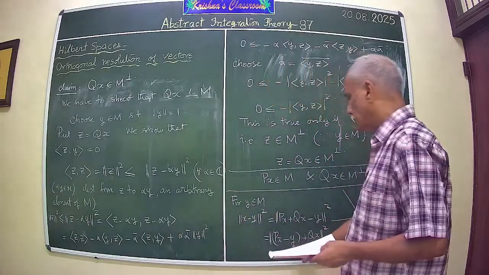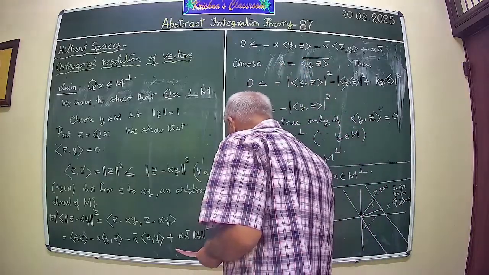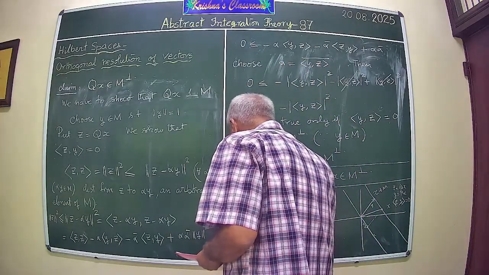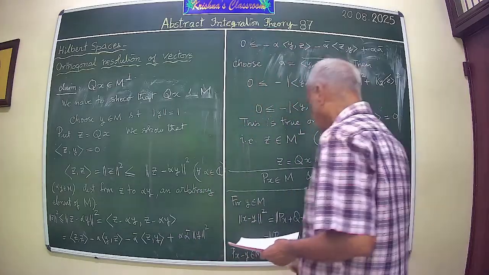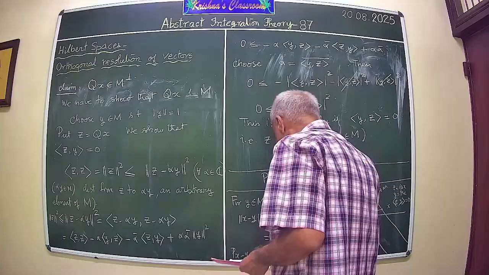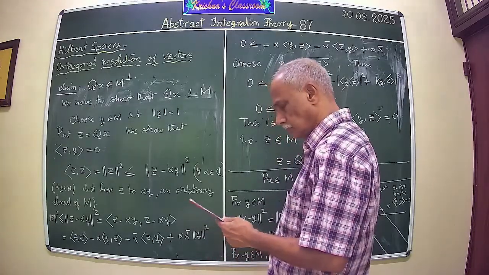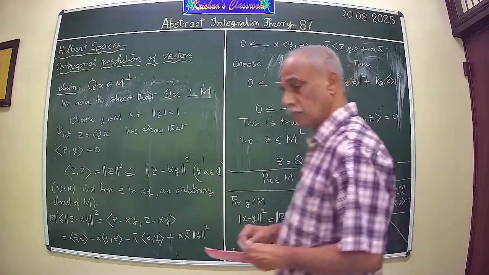Now Px minus y belongs to M, and Qx belongs to M. Therefore, we get the following.